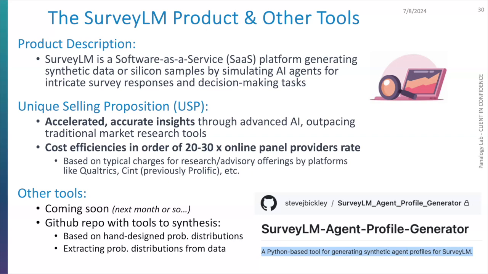The key value propositions, which we've discussed in bits and bobs, are cost and time efficiencies. Based on a rough estimate, it's 20 to 30 times more cost effective than platforms like Prolific or MTurk, those micro-worker platforms, as well as the time to feedback, the time to gathering insights and data.